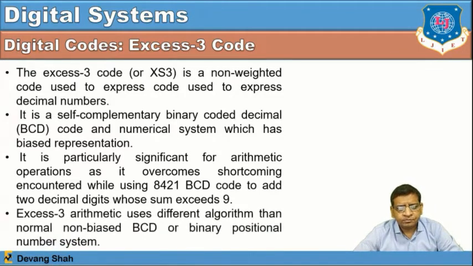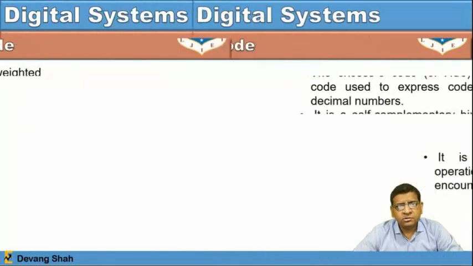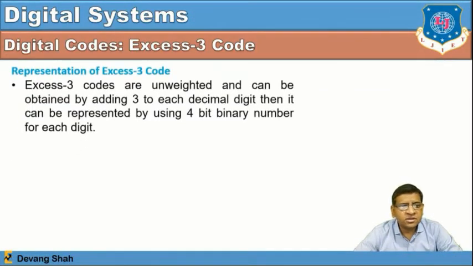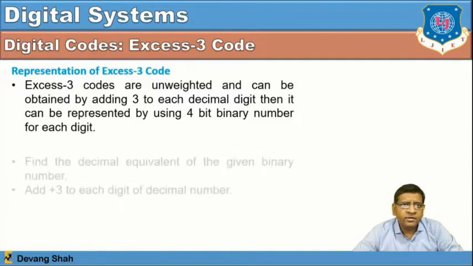So excess 3 arithmetic uses different algorithms than normal non-biased BCD or binary positional number systems. So there is a specific purpose we use this excess 3 code. It is unweighted and can be obtained by adding 3 to each decimal digit. Then it can be represented using the 4 bits of binary for each digit.